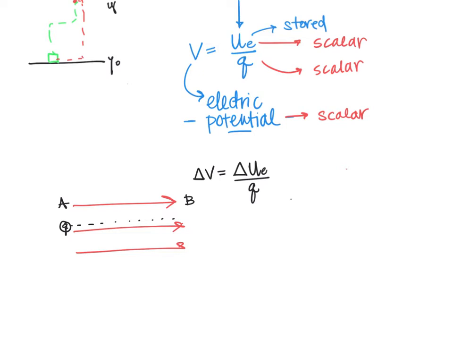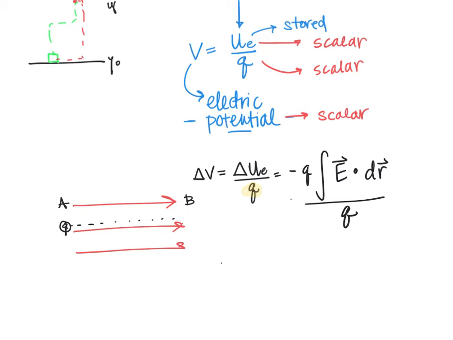And if the stored electric energy was equal to negative Q times the integral of the electric field vector dotted with the change in position vector, dr, and we're dividing by this Q, then I need to divide by a Q over here as well.